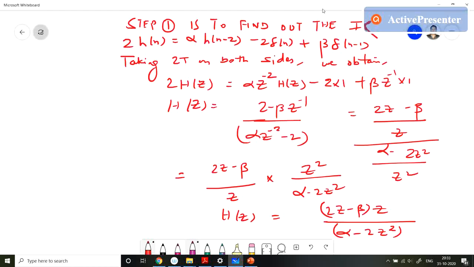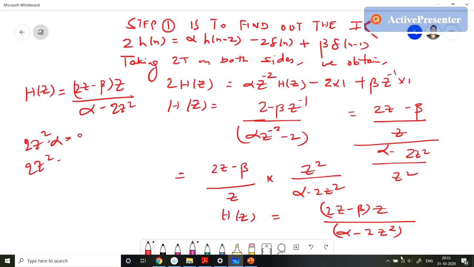Now, for a stable system, all the poles should lie inside the unit circle. So we are going to find the poles of this system. To get the poles, we put 2z square minus alpha equal to 0.